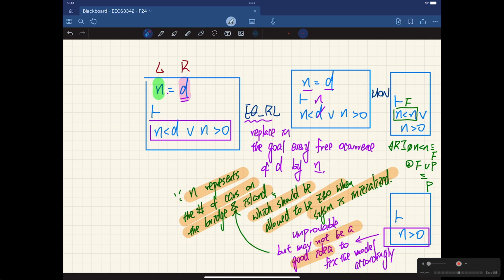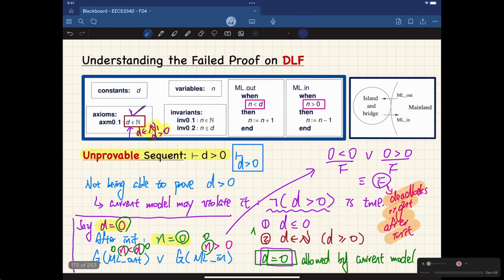So that's why every time if you got into some unprovable sequence, you got to think to yourself, is that a worth fixing condition for your model? That's something you have to judge. All right? And then instead, we try to look at this particular unprovable sequence instead.